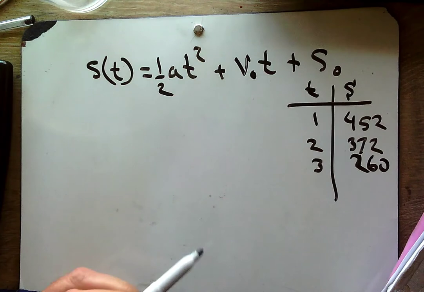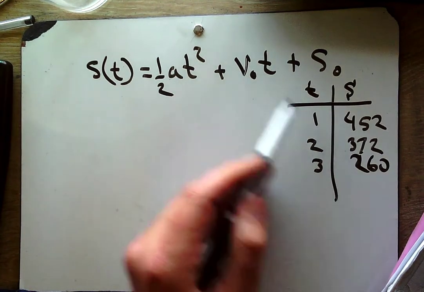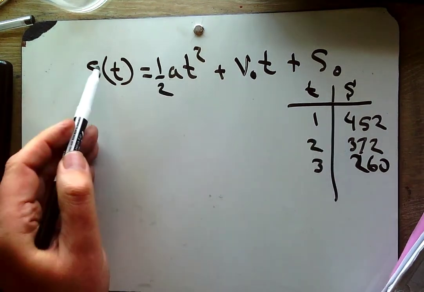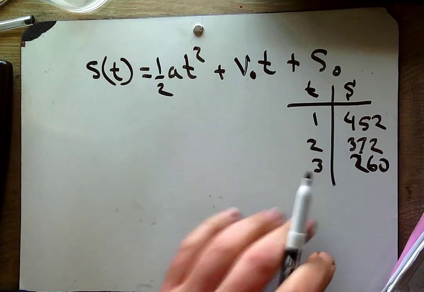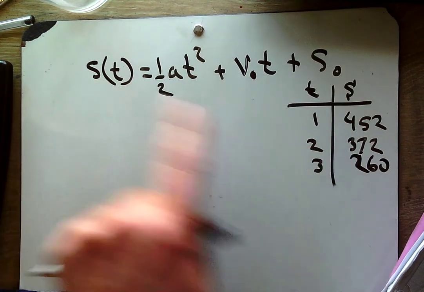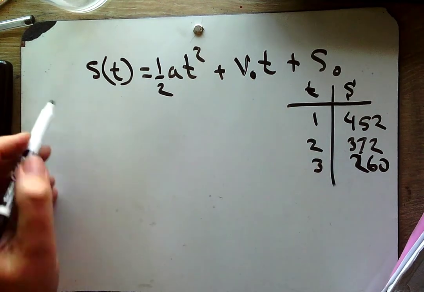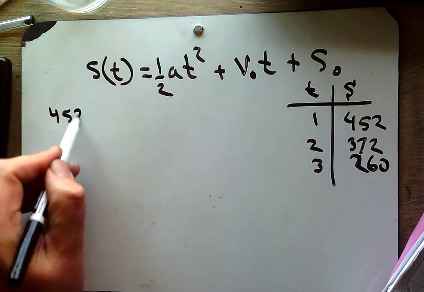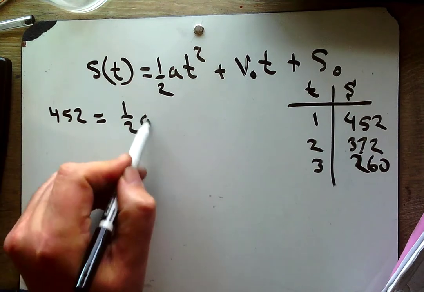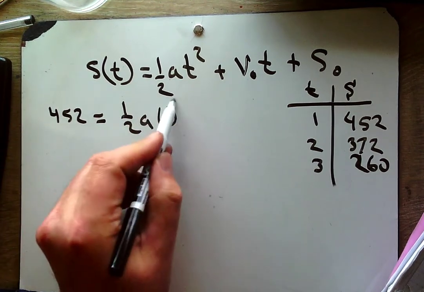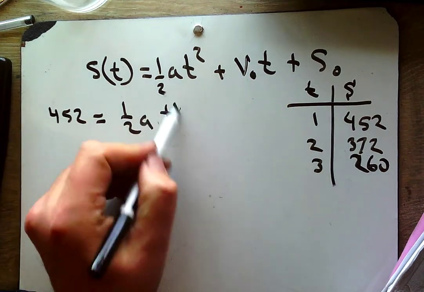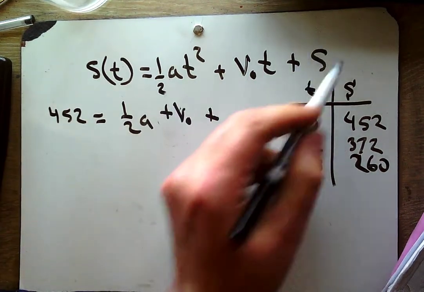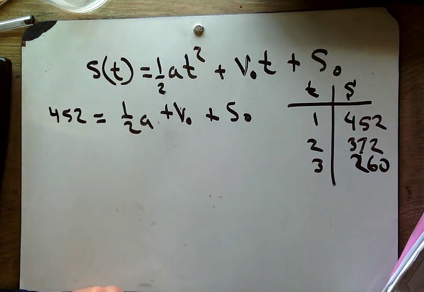So, using these t values and these s values, I'm going to build 3 equations with 3 unknowns. I'm going to plug this in for s, I'm going to plug this in for t. 452 equals 1 half a, 1 squared is 1, plus v sub o, plus s sub o.